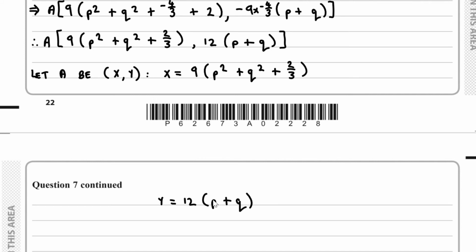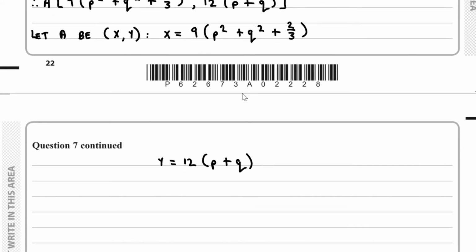Well, first of all, here we've got a p² + q². So let's just make a note of some rearranging. First of all, we know that (p + q)² is equal to p² + 2pq + q². So we've got p² + q² equaling (p + q)² − 2pq.